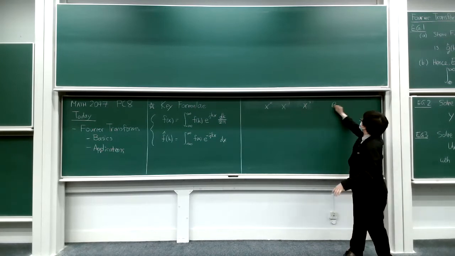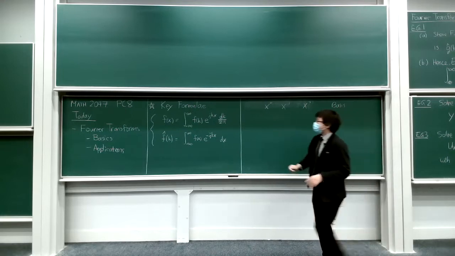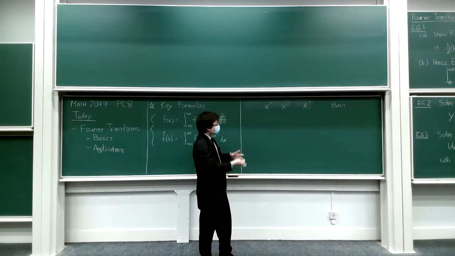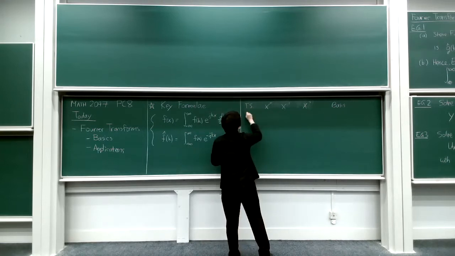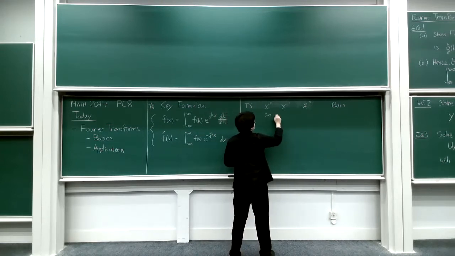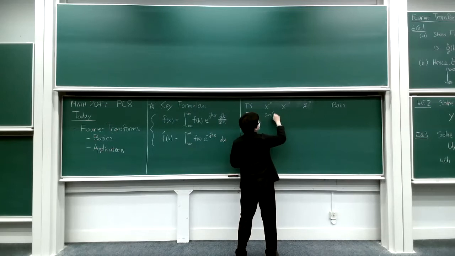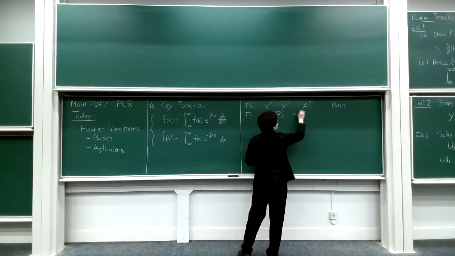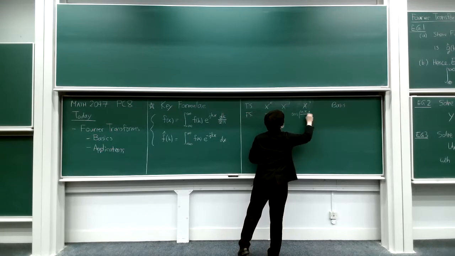basis. Okay. And for Fourier series, this is Taylor series. For Fourier series, you're using sines and cosines of different, well, this was nx, but more precisely n pi x over L, right, as the basis.